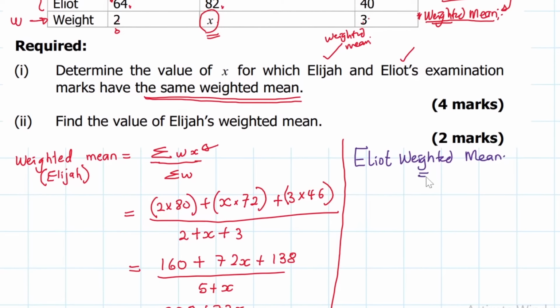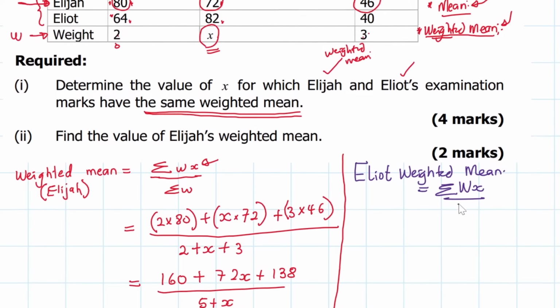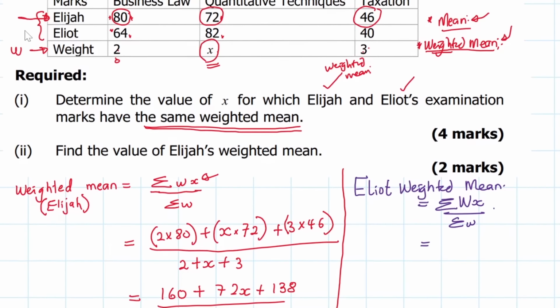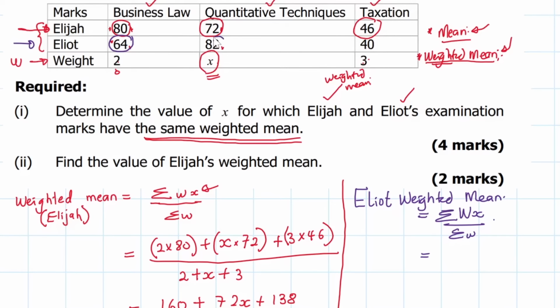Eliot's weighted mean is still going to be the summation of w times x over the total weights. Again, we are looking at the values of x for Eliot.